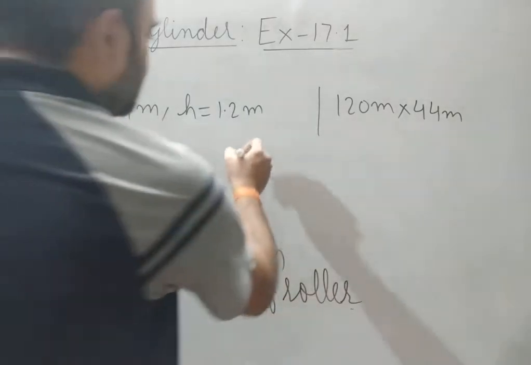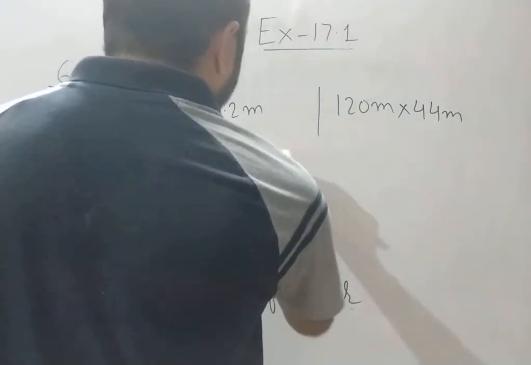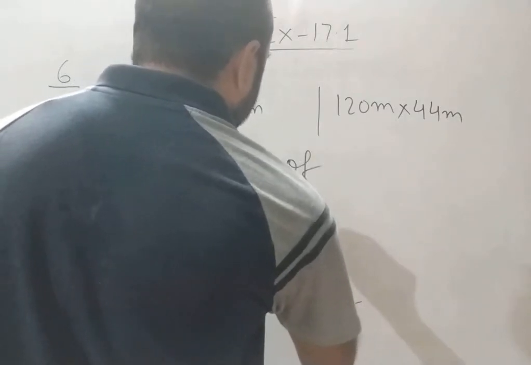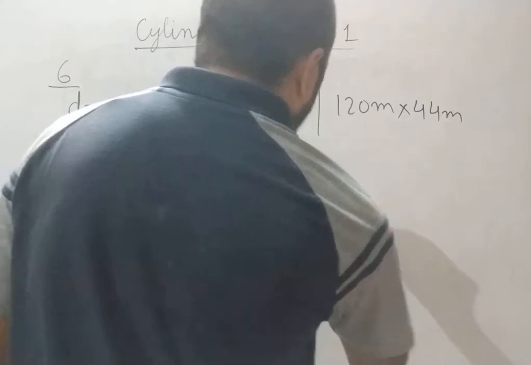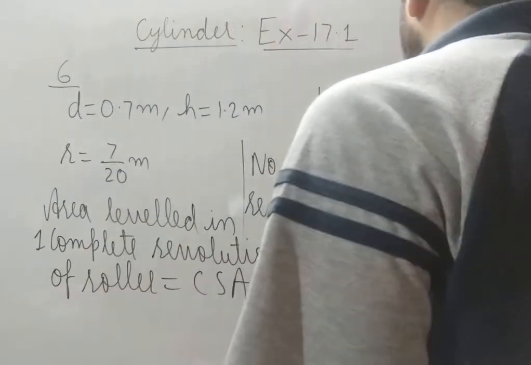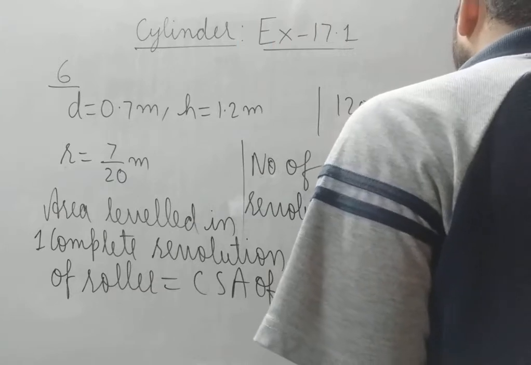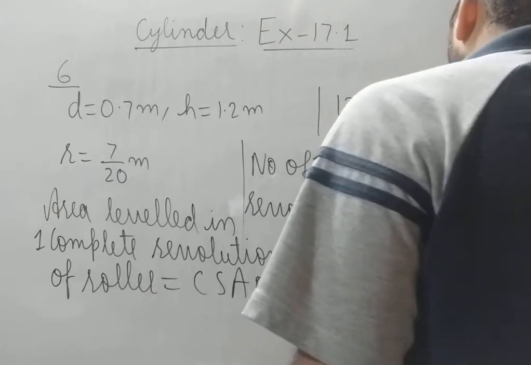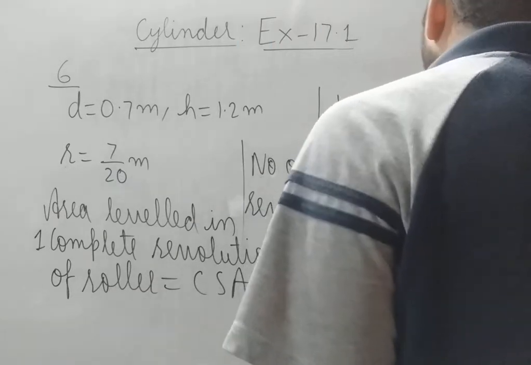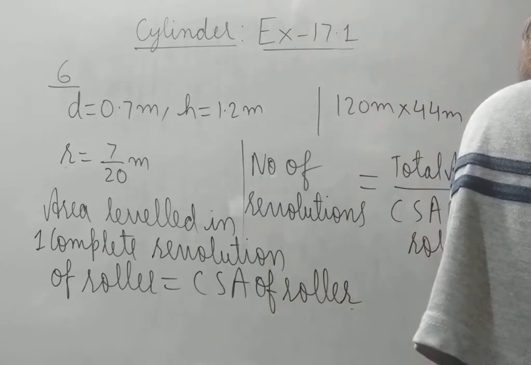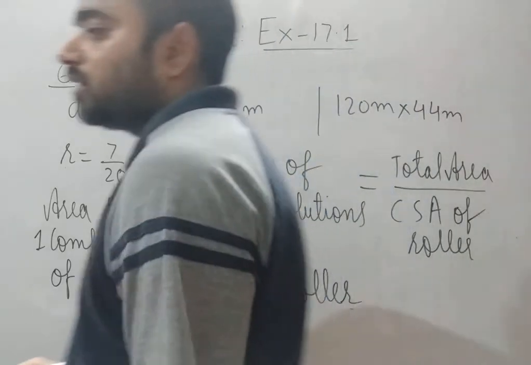So the formula is number of revolutions is total area to be leveled upon curved surface area of cylinder or roller.